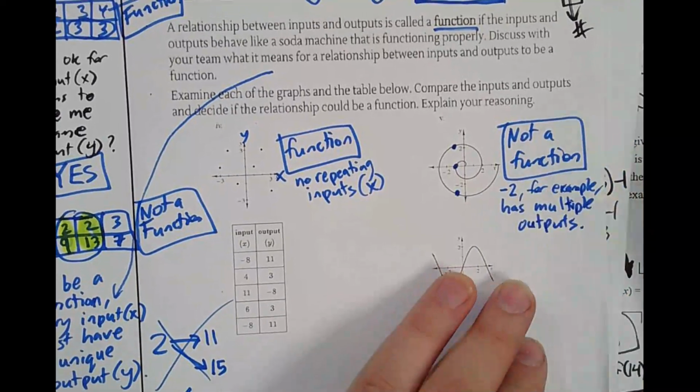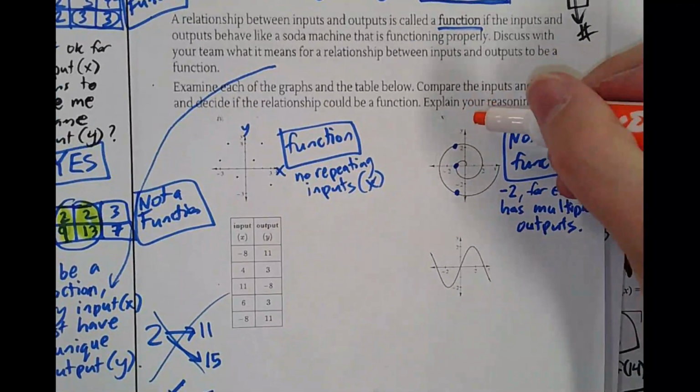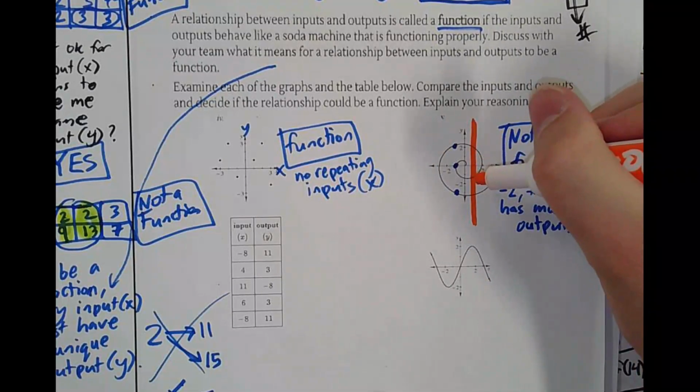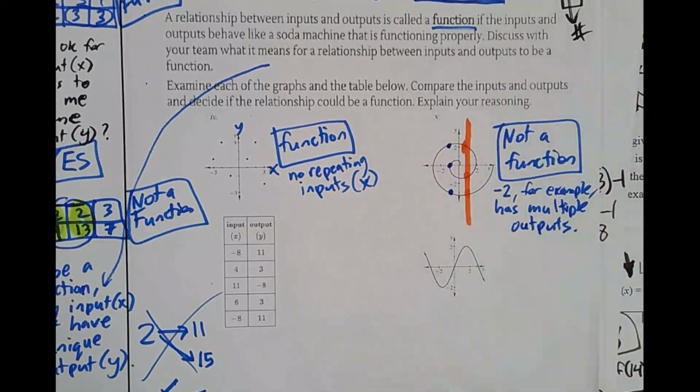You know, there's an easy way to do graphs. Does it pass something called the vertical line test? Does a vertical line go through multiple points? If it goes through multiple points, it's not a function.